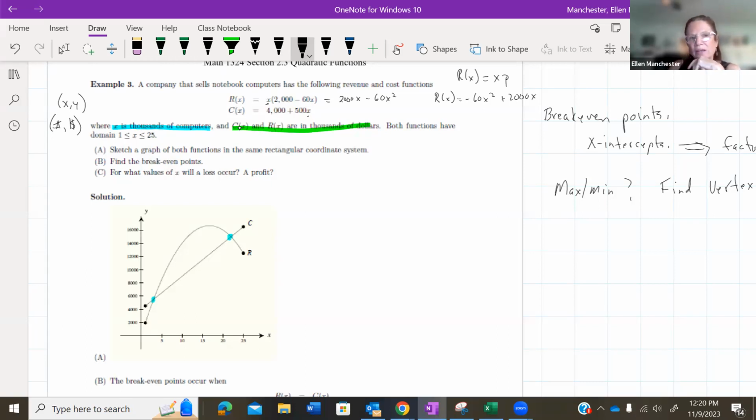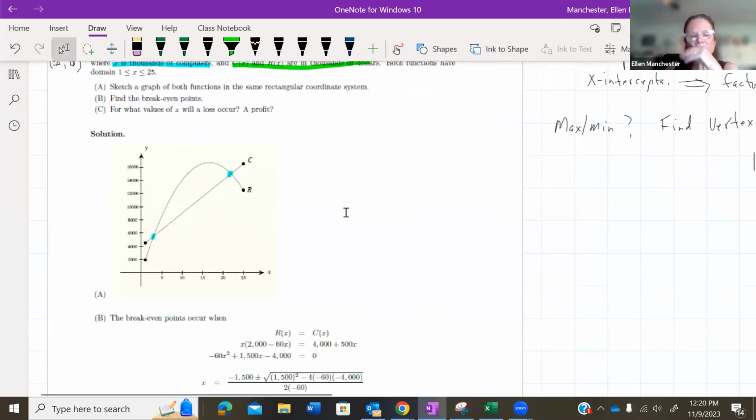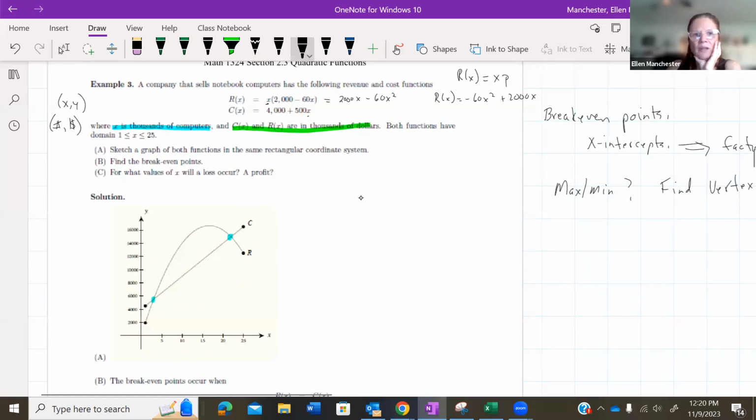Okay, so then you're going to sketch a graph. So here's our sketch. We've already sketched it. The best way to do this is you just plug values into your function. So if I wanted to sketch my revenue function, I know my x value can be between 1 and 25, right?